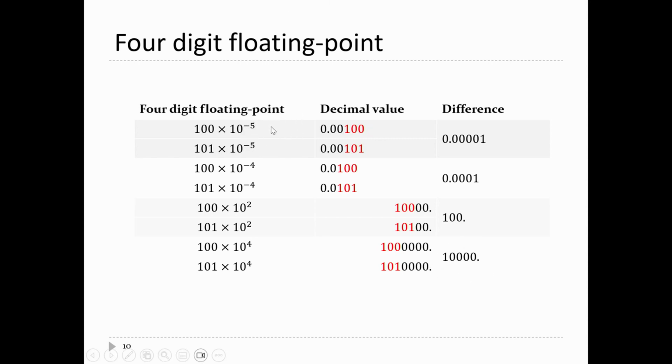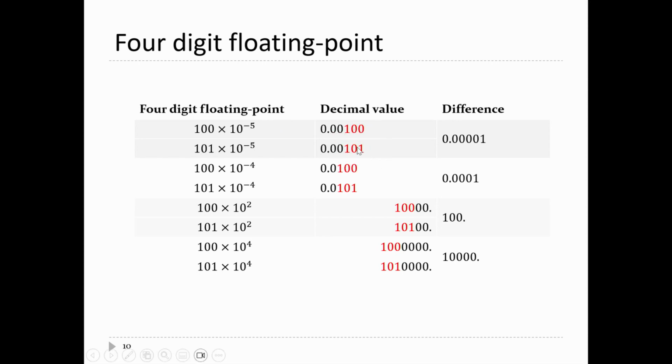There's a whole bunch of implications that arise once you decide to write your floating point numbers this way. I get 4 digits, so I can write out the number, for example, 100 times 10 to the minus 5. If I convert that to a decimal value, that's 0.0100.